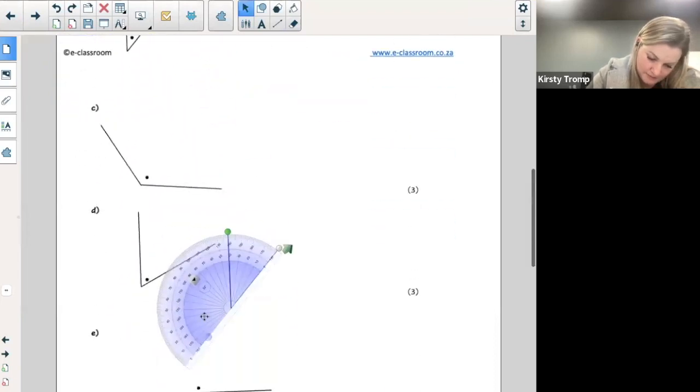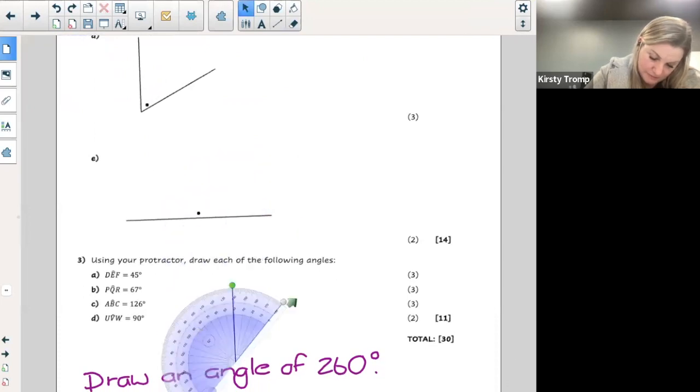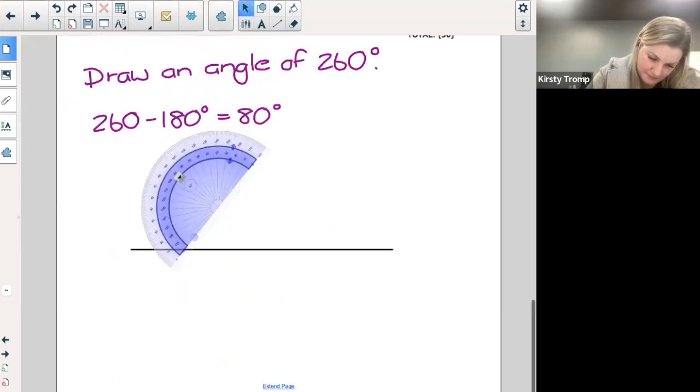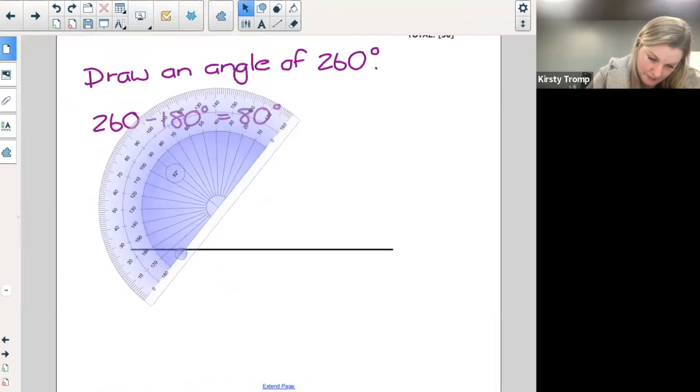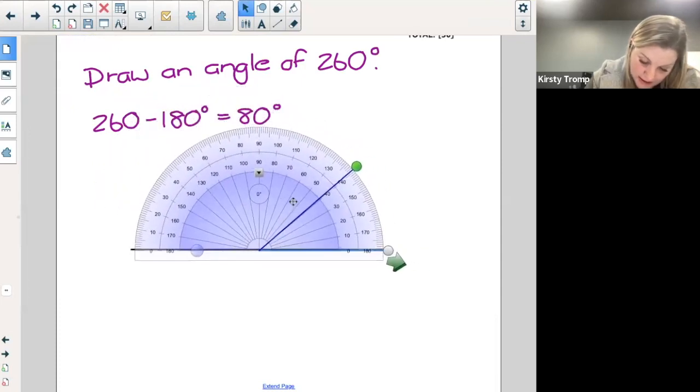Oh dear. Let's bring him down to the bottom. Let's make him a little bit bigger. So we already know that that's 180 degrees. We need another 80 degrees.